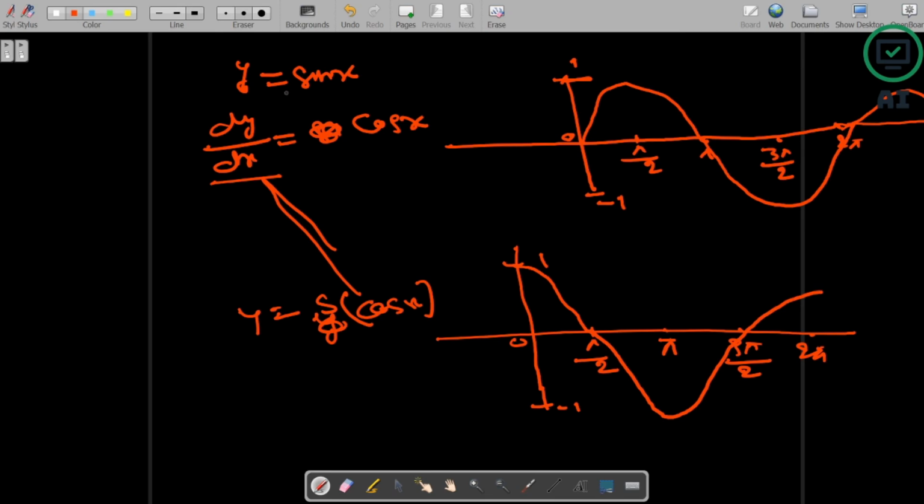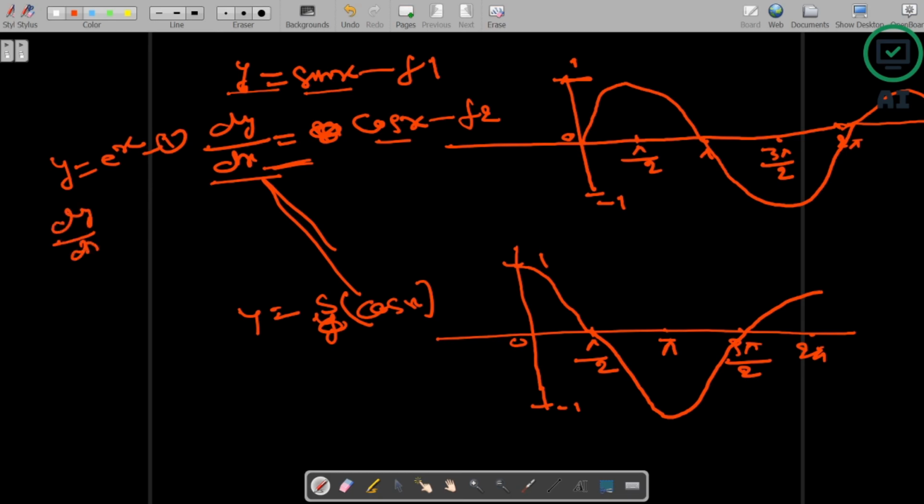So you can see y equal to sin x is one function, f1, and if you differentiate it, you get cos x, which is also a function, f2, and this will give you the slope at a point on the graph of sin x. At point 0 sine is 0, but cos is 1, so it is exactly opposite. Similarly, if you have y equal to e^x as one function, and you differentiate it, it is again e^x.